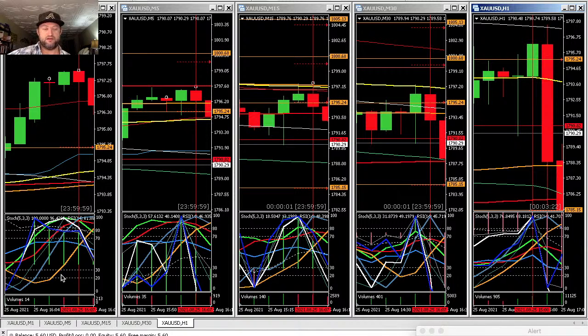For every 2 or 3 oscillations of this, you get 1 oscillation of this. So the 1 minute and the 5 minute, and then for every 2 or 3 oscillations of the 5 minute, you get an oscillation of the 15 minute, and so on. So you just have to get used to that.